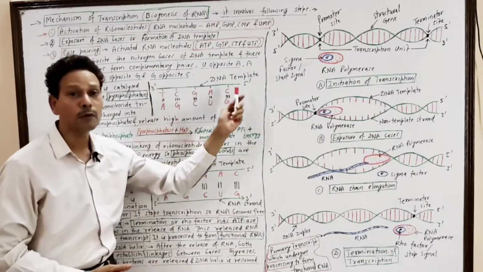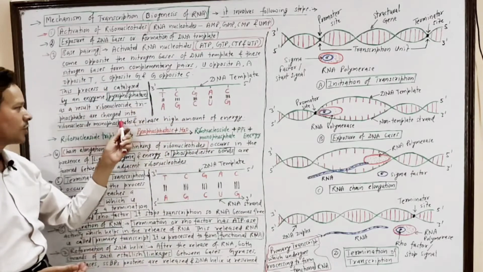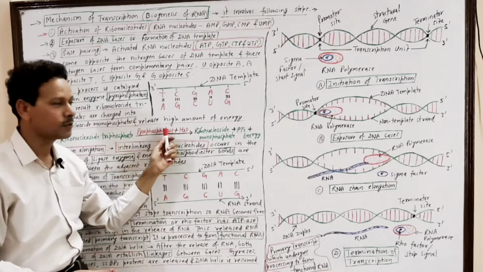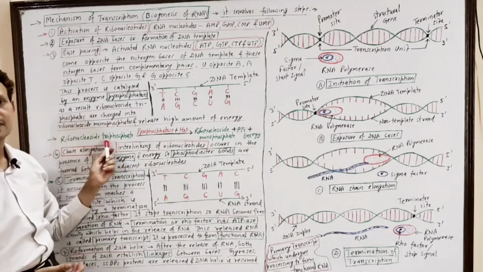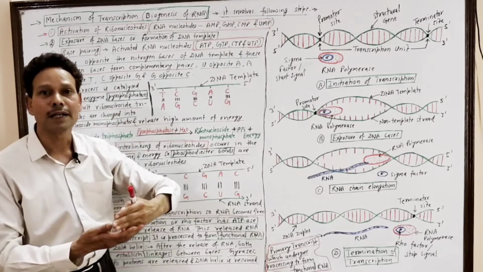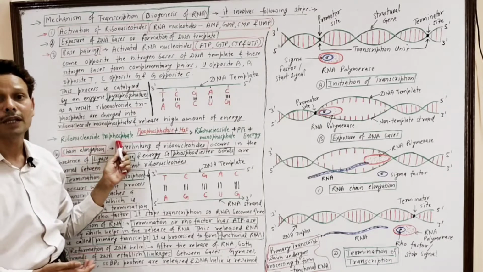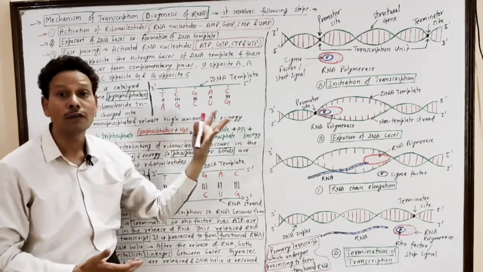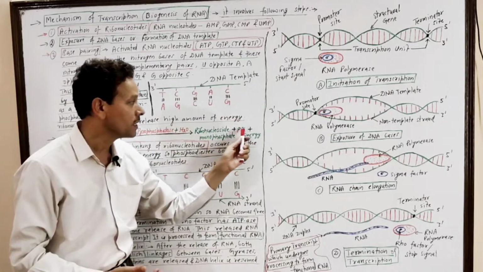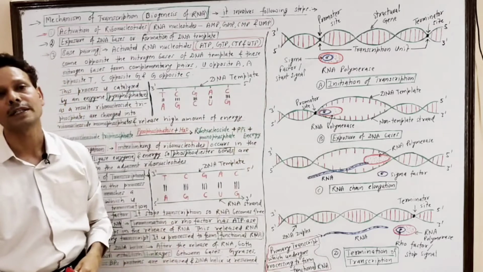This entire process, base pairing, is catalyzed by an enzyme. That enzyme is pyrophosphatase, which acts in presence of water. As a result, these activated RNA nucleotides, ribonucleoside triphosphate, convert into ribonucleoside monophosphate. It releases PPi, pyrophosphate, plus a huge amount of energy.